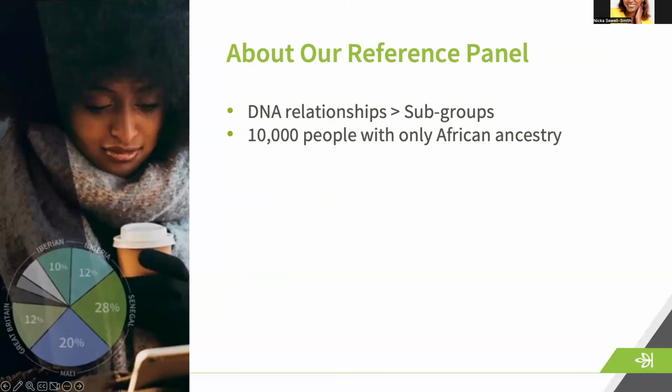So, how do we get to the reference panels? When we construct reference panels, we use DNA relationships to guide us to the subgroups that exist genetically within a population. We start with over 10,000 people whose DNA suggests that they only have African ancestry.